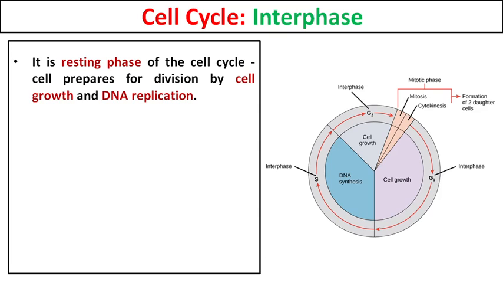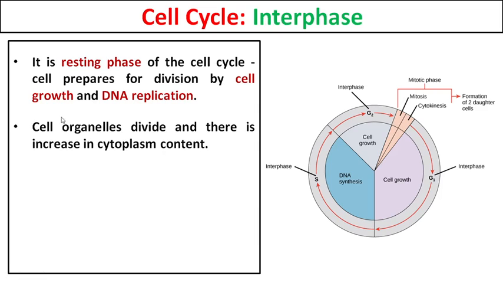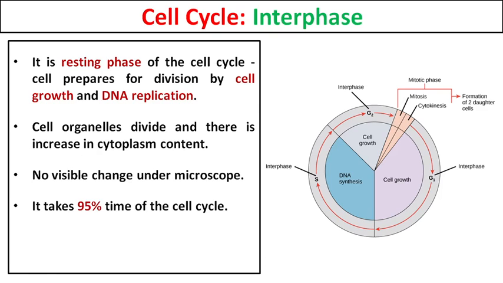If it does not grow before it divides, then the cell size will keep on reducing over time. That does not happen because during interphase the cell grows. The cell organelles divide and there is an increase in the cytoplasmic content. There is no visible change under the microscope. Visibly, when you look at the cell under a microscope, you will not see any change.